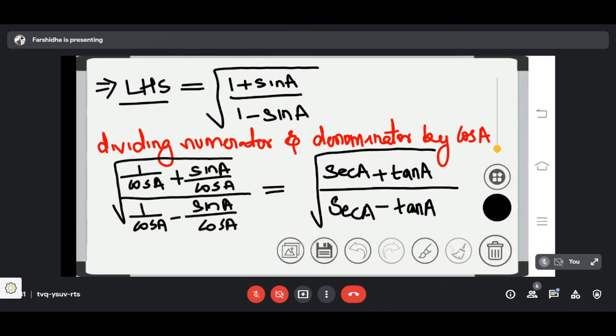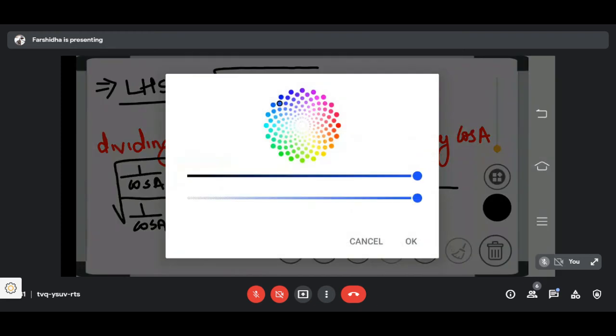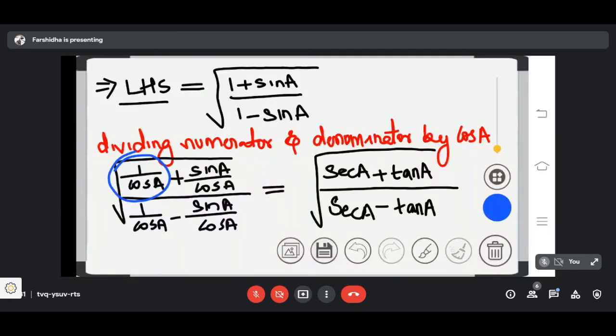So we got 1 by cos a. See here 1 by cos a, reciprocal of cos is sec. So you can write 1 by cos a as sec. Sin a by cos a is tan a. So I have written here tan a. Same way, denominator also 1 by cos a sec. Sin a by cos a became tan a.